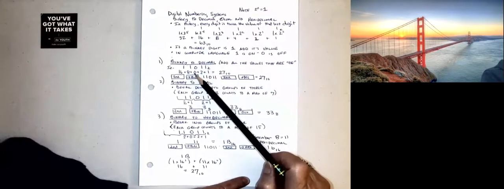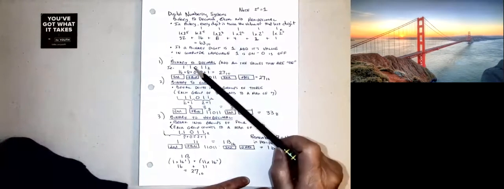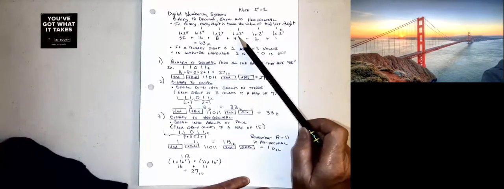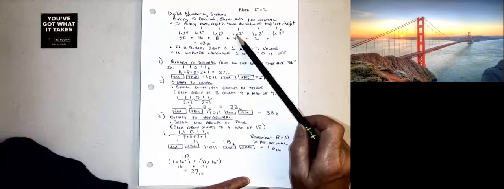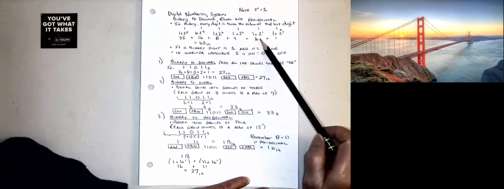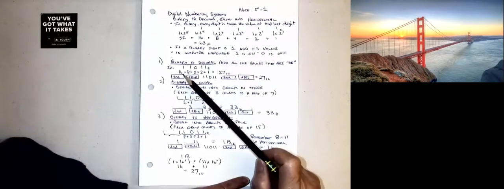In that case, I don't have a value for my third significant digit. If I had a 0 here times 2 to the power of 2, that would be a 0. So I wouldn't add anything in for that one.